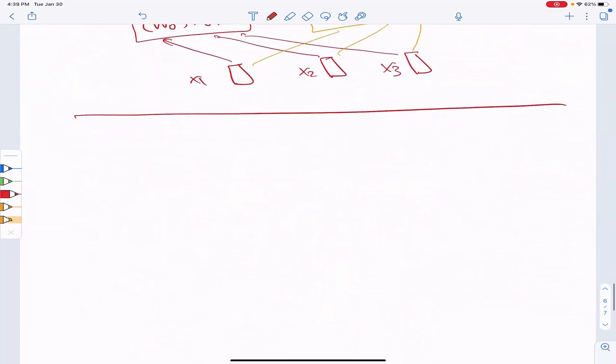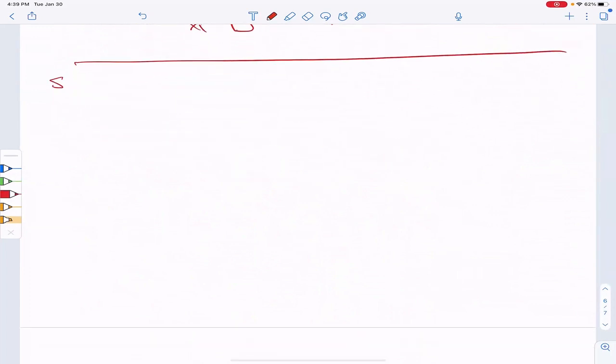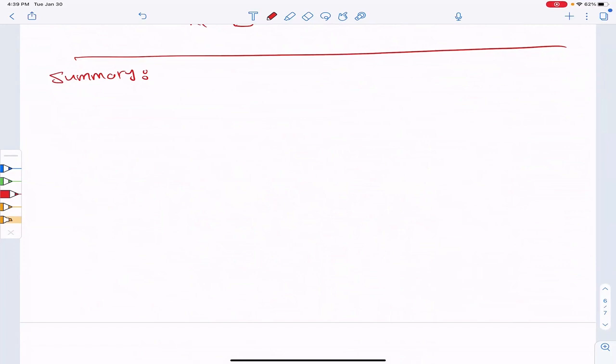To summarize, let's have everything in one picture. We have X1, X2, X3. You take your word embeddings and positional encodings, you get X's, right?